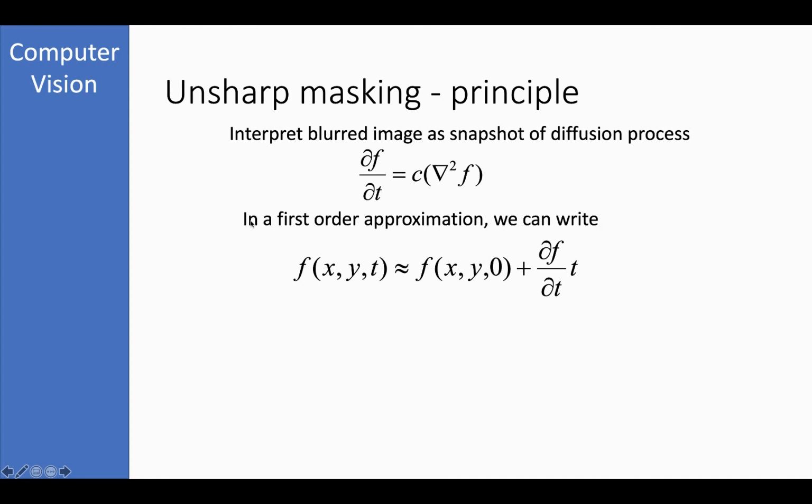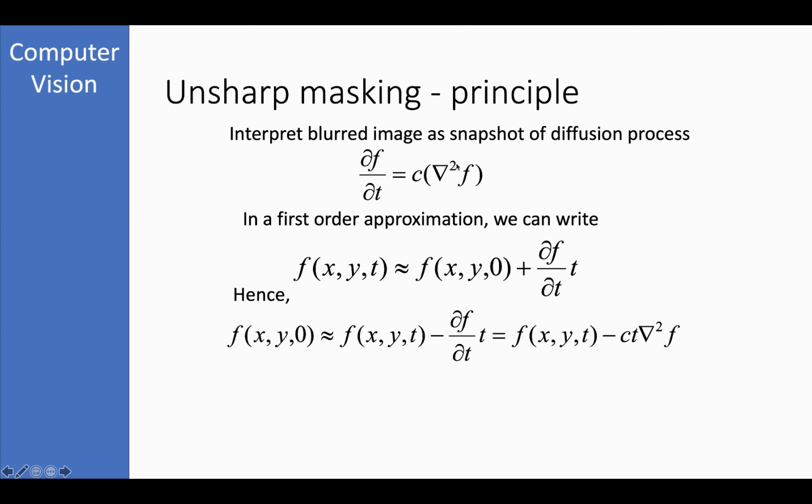We will make a first-order approximation to this partial differential equation and say that the image at a certain time t, as it has diffused according to this partial differential equation, can be given with the original image that was sharp and not blurred, plus some differences that are multiplied, and the difference increases by time.